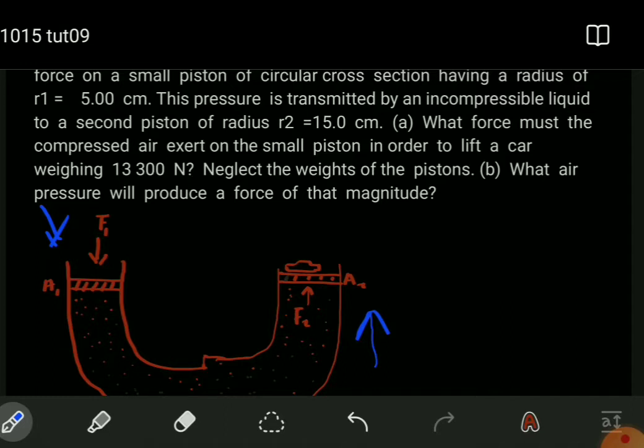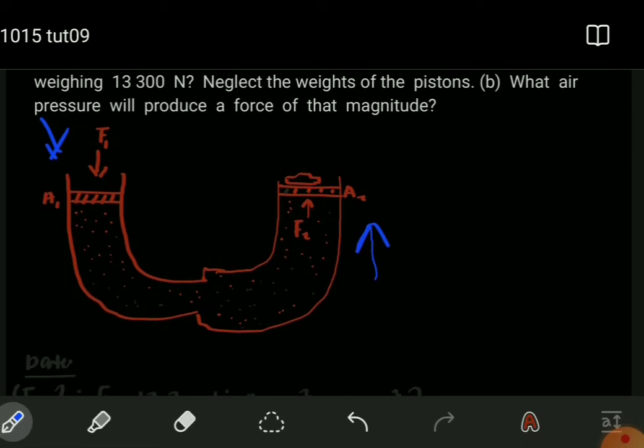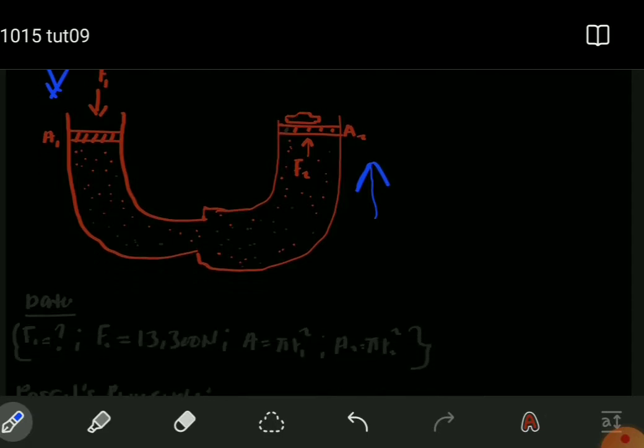So here we are using Pascal's principle. We have the force required to lift the car, F2, which is 13,300 newtons, and F1 is what we are looking for.